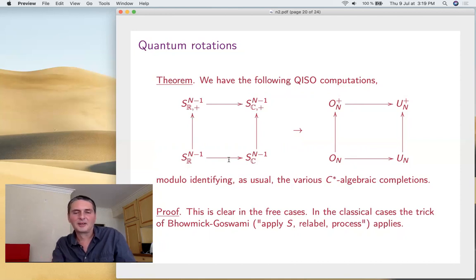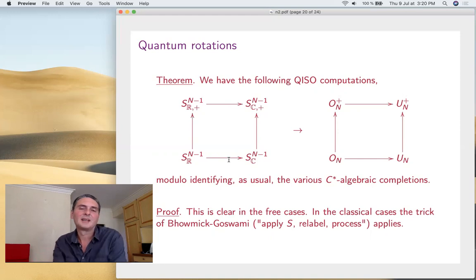Well, there's a simple trick by Banica and Goswami. You just write the formula of the coaction. The trick is to apply the antipode to it, relabel the indices, and compare with the original formula, and you get that things commute. By the way, there's a whole story here. This was about 10 years ago, Bhowmick and Goswami, and in the meantime there was this big conjecture that any compact manifold cannot have quantum isometries.